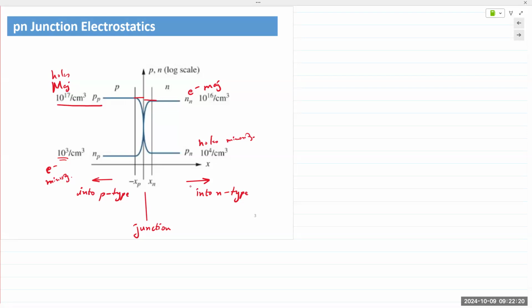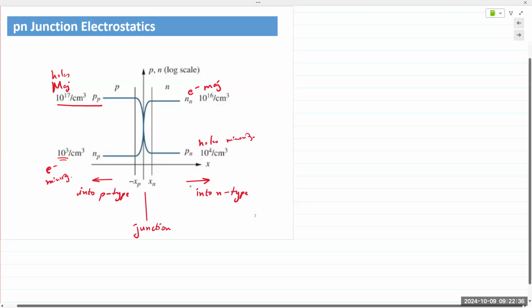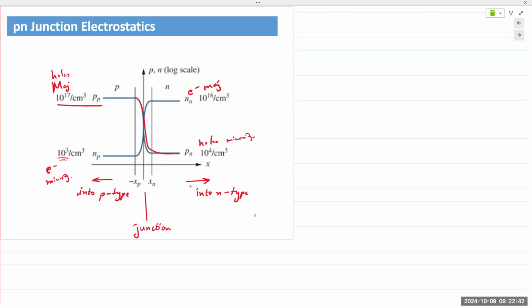But what happens at the junction is there are some effects that take place. There's a phenomenon that takes place. And so we have crossing over of the electrons and the holes. And we'll look at that in the next few slides. And what that does is it results in a gradient. The number of holes from the P side are constantly at a high level until they reach close to the junction.